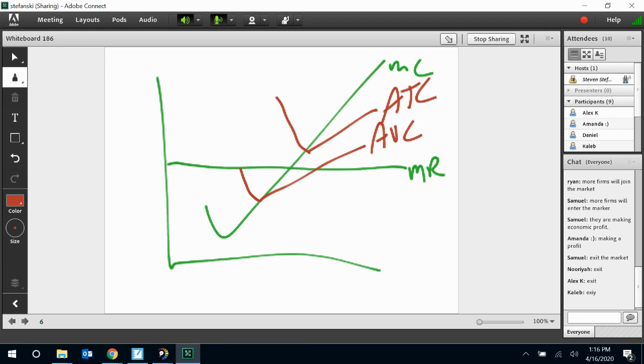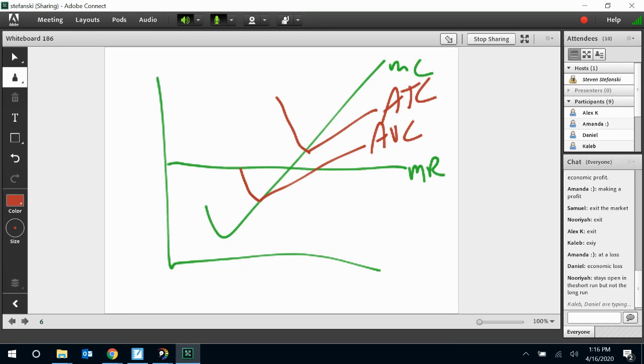What's happening in this graph? He's making a loss, correct, but anything else? He'll stay open in the short run, but not in the long run. That's absolutely right. He's covering his variable costs, so he'll stay open.